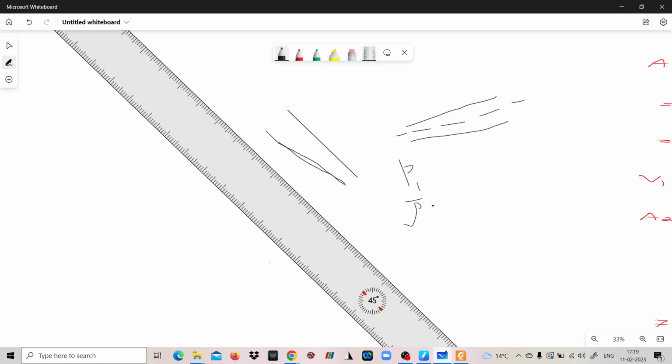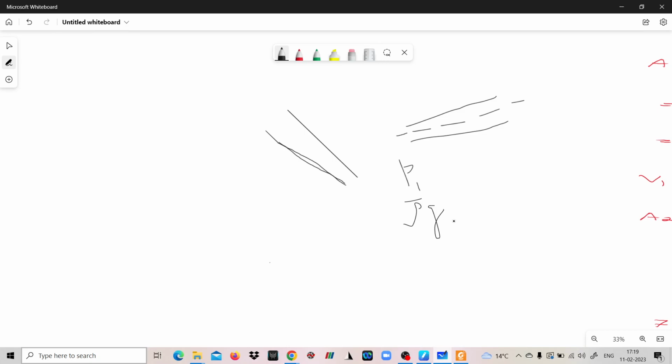That is P1 by rho g plus V1 square by twice g plus Z1 is equal to P2 by rho g plus V2 square by twice g plus Z2.